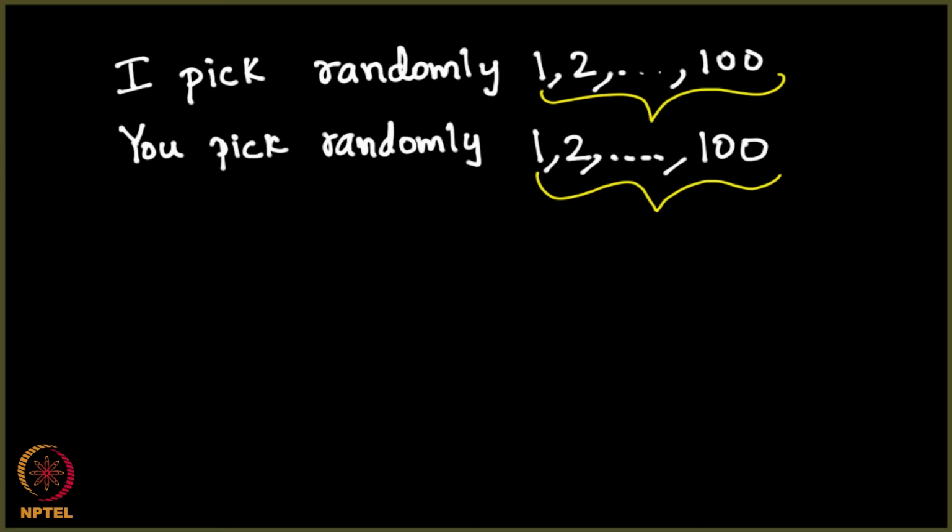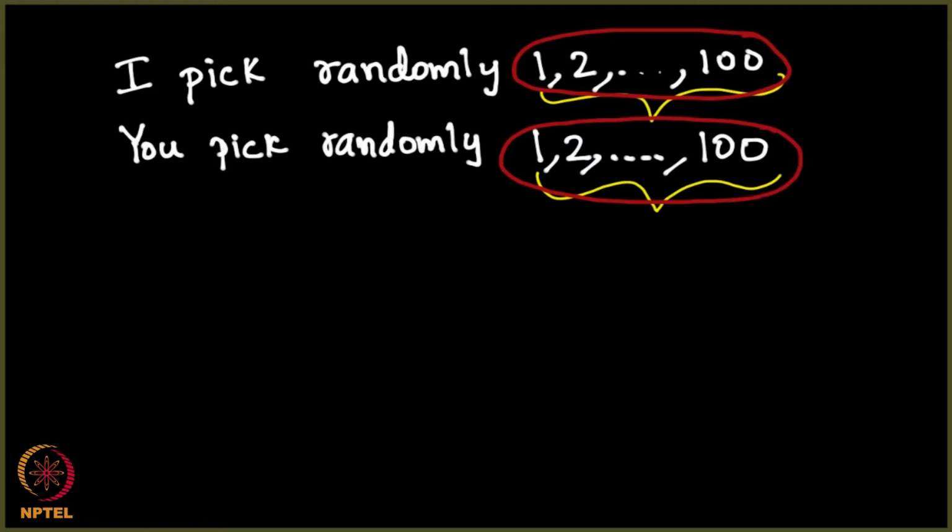Alright, good. Now, see, when I pick a number randomly here from 1 to 100, I can pick any number. It could be a 1, it could be a 2, it could be a 3, it could be a 50, 60, 70, 73, 89, 100, whatever I want. When you pick as well, you will have the liberty to pick any number you want.